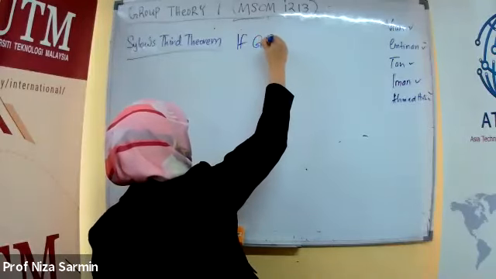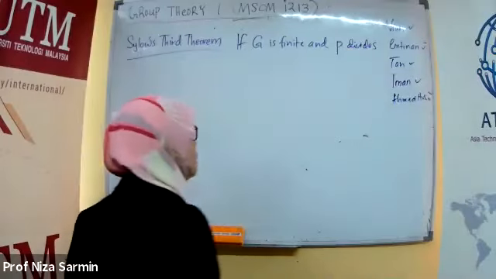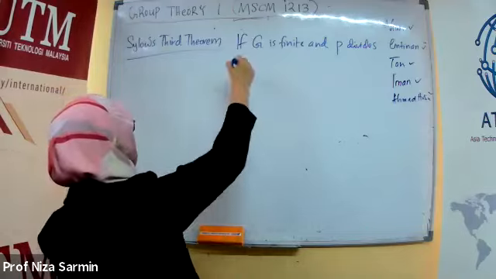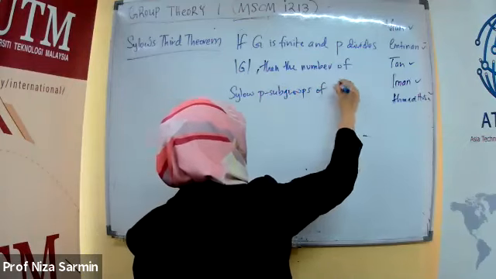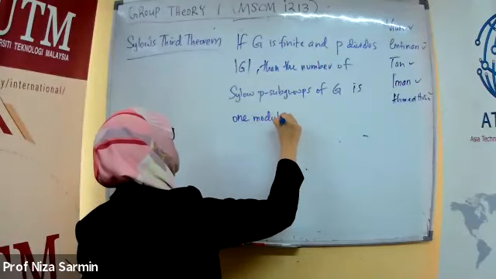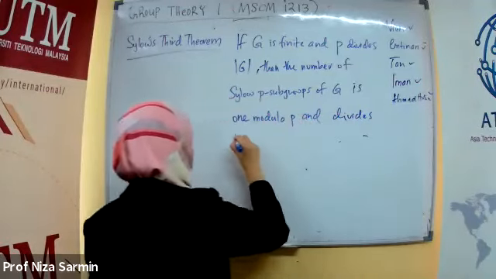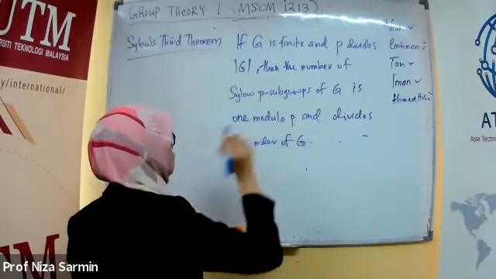If G is finite and P divides the order of G, then the number of Sylow P subgroups of G is 1 modulo P and divides the order of G. Okay.